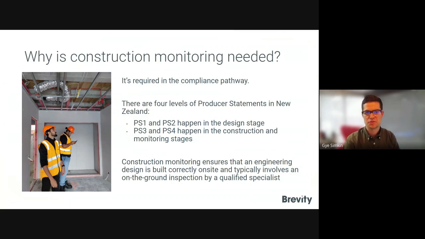Construction monitoring ensures that an engineering design is built correctly on site and typically involves an on-the-ground inspection by a qualified specialist, normally an engineer. They will use their expertise to ensure the right materials and construction methods have been used to ensure the build is fit for purpose.